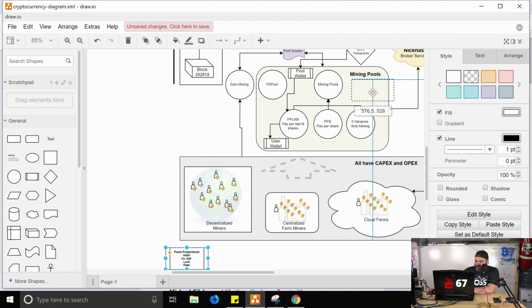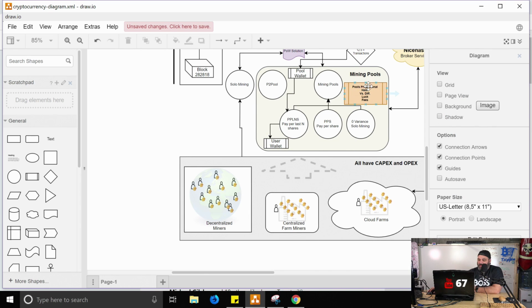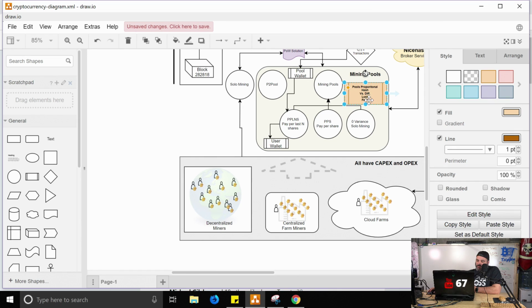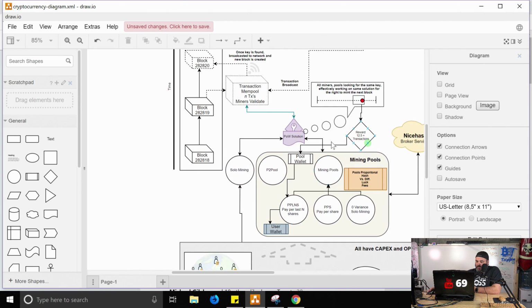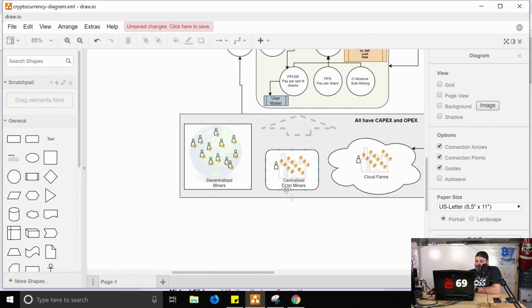But this is effectively what the pool's doing, it's doing these actions separately. So then it gives you a dashboard to figure out what your expected output and return is, and this is your plan versus actual, essentially. But then that pays out to your user wallet, right? And then you can figure out if that makes sense or not.